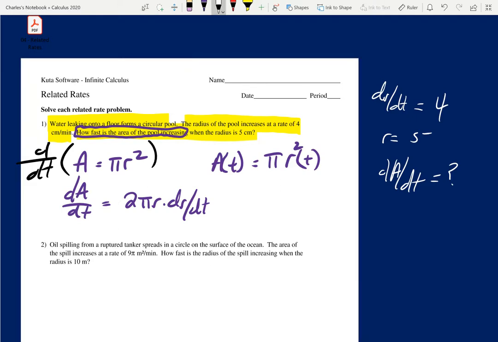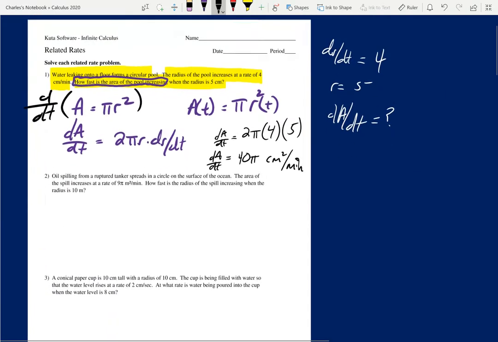And so if I plug those numbers in, I'm going to get dA/dt is equal to 2 pi times 4 times 5, which is 40 pi. And the unit is important on a related rates problem. It's how fast the area of the pool is increasing. So area is measured in centimeters squared, and the rate is centimeters squared per minute. There's your answer.